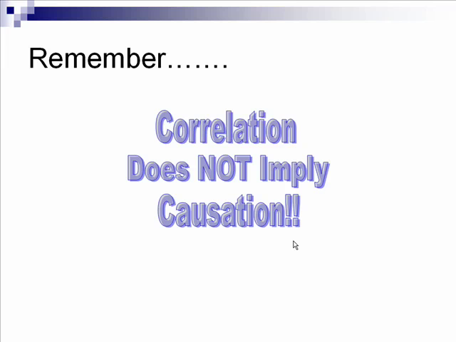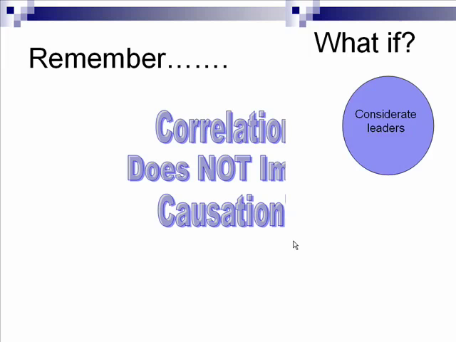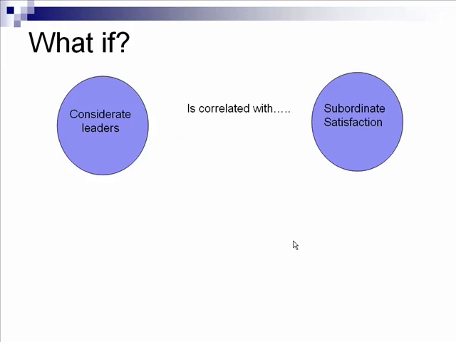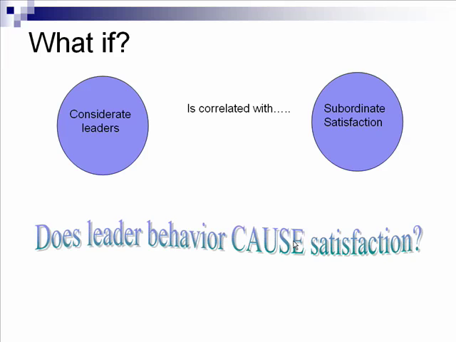But again, let me reinforce that correlation does not imply causation. And let me give you an example. So what if we found that there was a relationship between considerate leaders and subordinate satisfaction? Does that mean that leader behavior causes satisfaction?